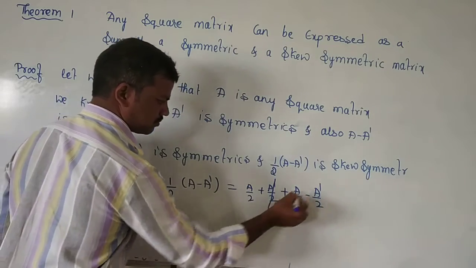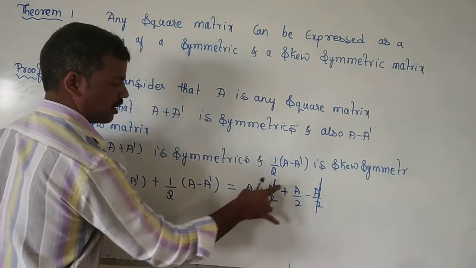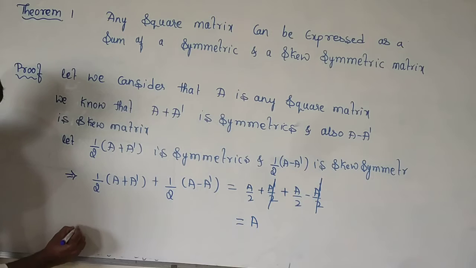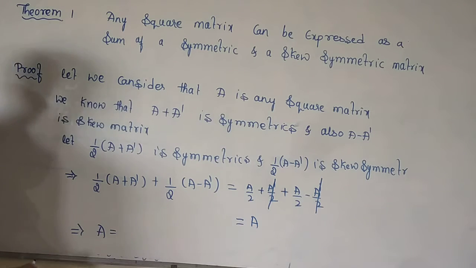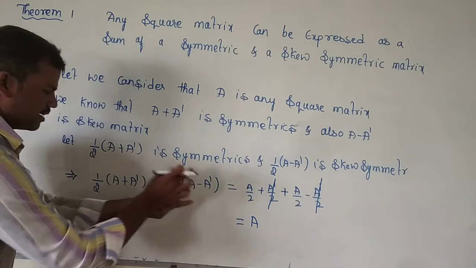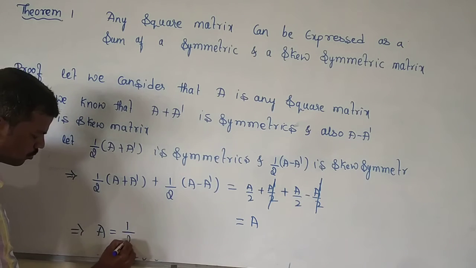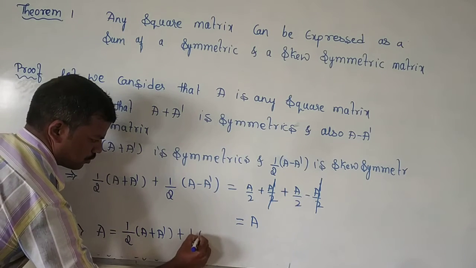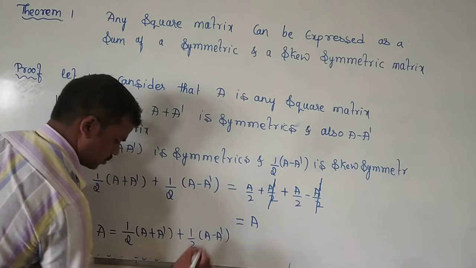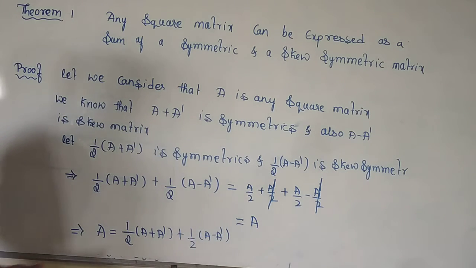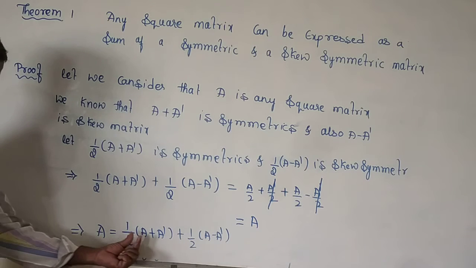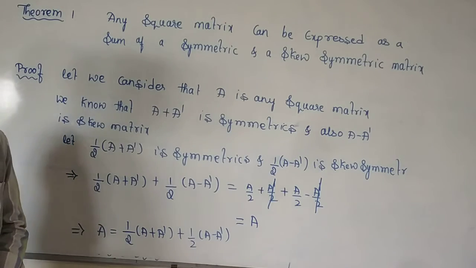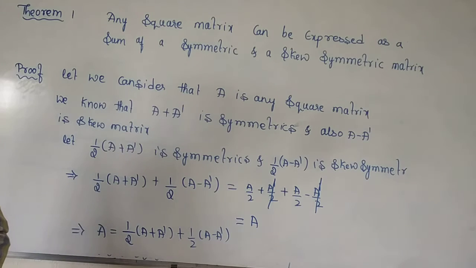The A transpose terms cancel, and half of A plus half of A becomes A itself. So A, any square matrix, is expressed as the sum of a symmetric and a skew symmetric matrix: 1 by 2 A plus A transpose plus 1 by 2 A minus A transpose. So it confirms that we have expressed any square matrix as a sum of a symmetric and a skew symmetric matrix.